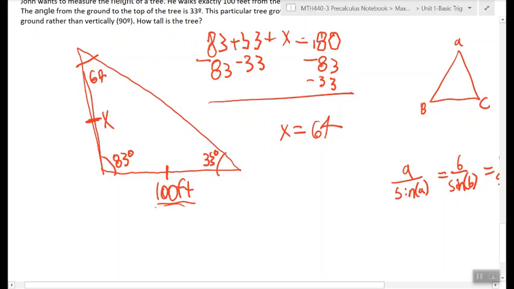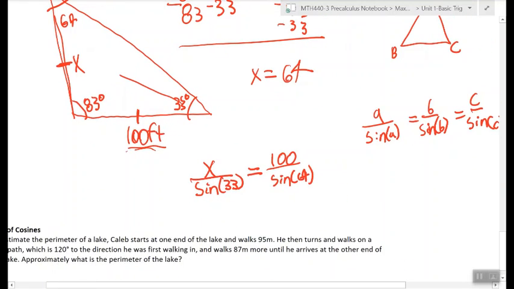So to find x, we need to know that x over sine of 33 is equivalent to 100 over sine of 64. I'm just plugging it all from that. So move that up a little bit so I have room.